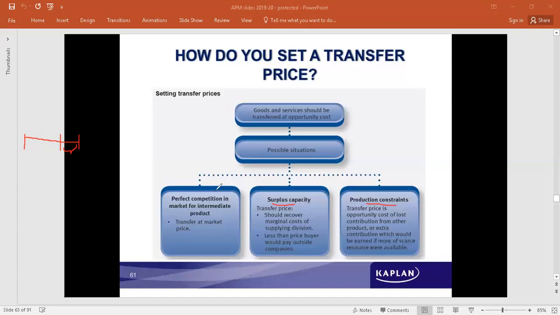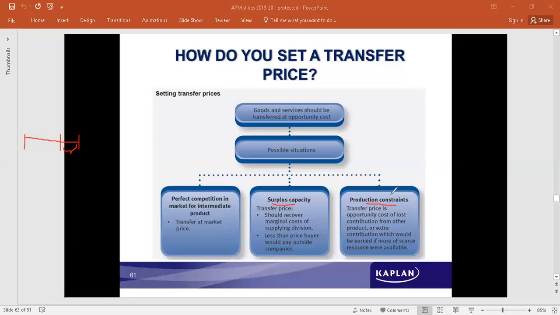When they cut down on the number of units produced, they will be foregoing the contribution margin which they are earning from selling those units. So the contribution which is foregone is their opportunity cost. So in this situation where there are production constraints, the transfer price could be variable cost plus the contribution margin foregone. Okay, so that is the transfer price.